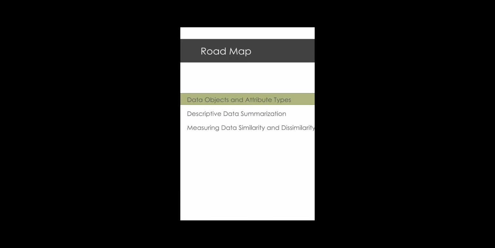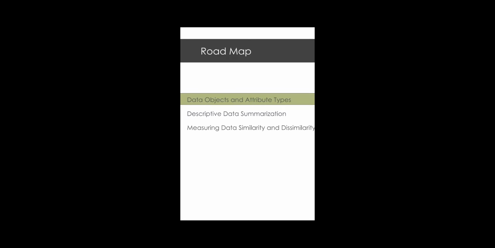What is an attribute? An attribute is a data field representing the characteristics and features of a data object.